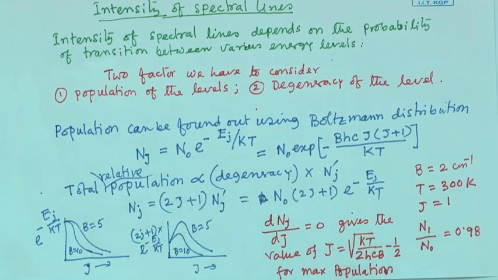So at the N1 level, 98 molecules out of 198 molecules will be at j equal to 1.